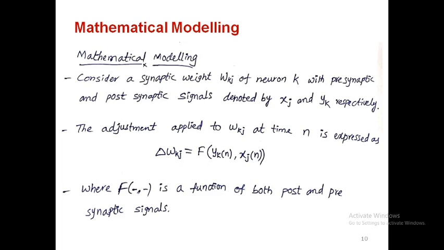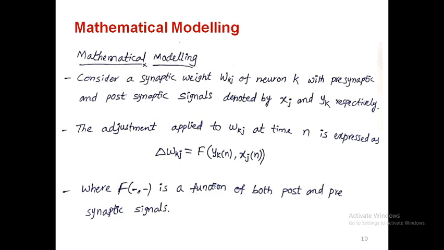Here f is a function of both the postsynaptic signal Yk of n and the presynaptic signal Xj of n. Already we have seen the simple block diagram: if you draw the line, Xj of n is at the input, Yk of n is at the output node.